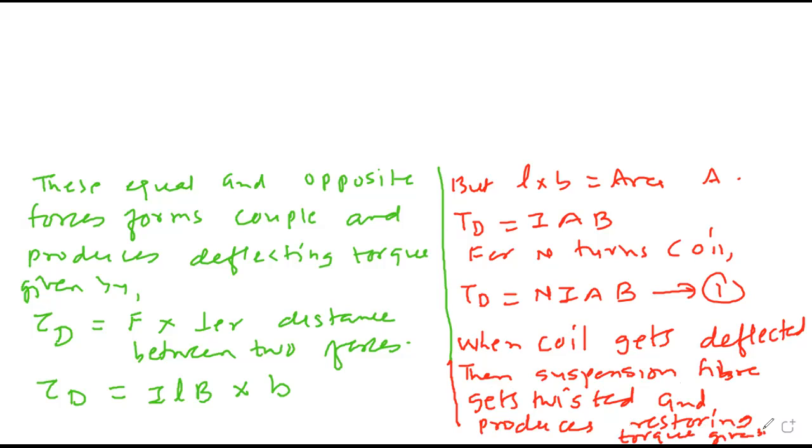Write up to here, then I will write further. When coil gets deflected, then suspension fiber gets twisted and produces restoring torque.